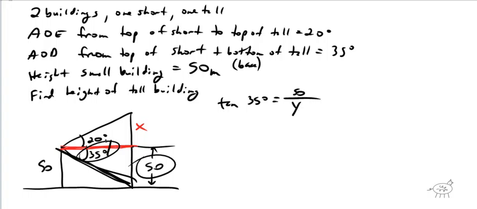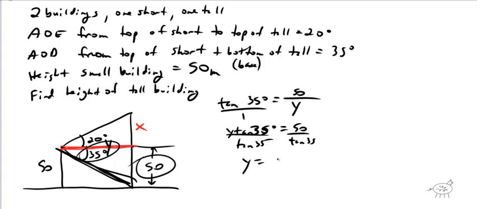Then let's cross multiply, so y tangent of 35 equals 50. Divide by tangent of 35. So y equals 50 over tangent of 35, which is 71.4 meters.